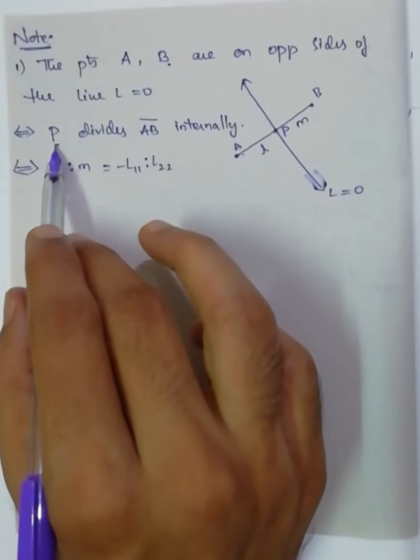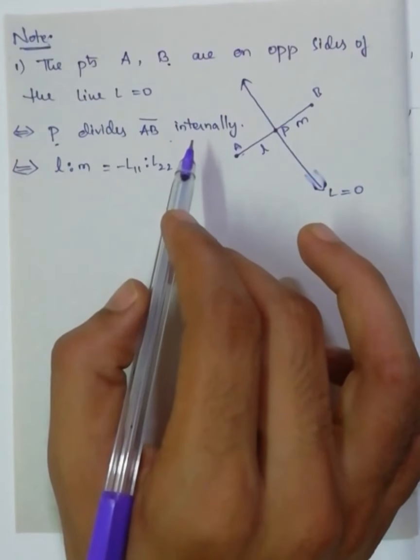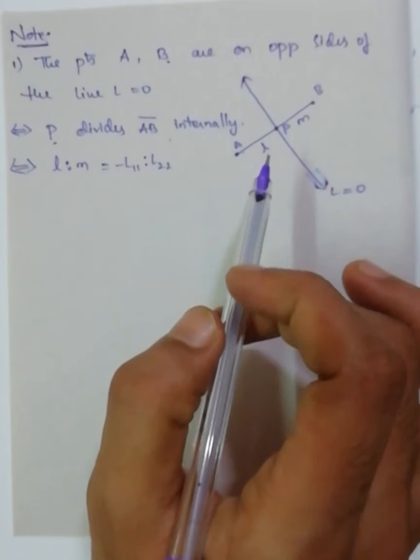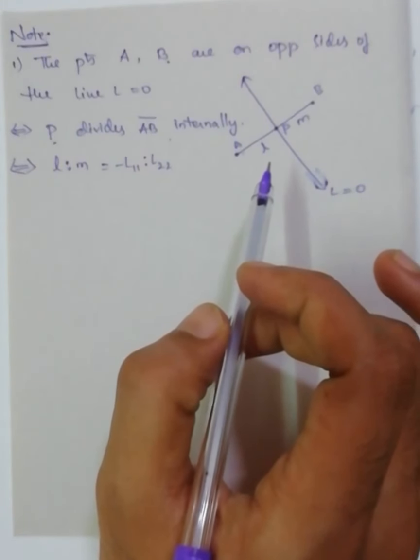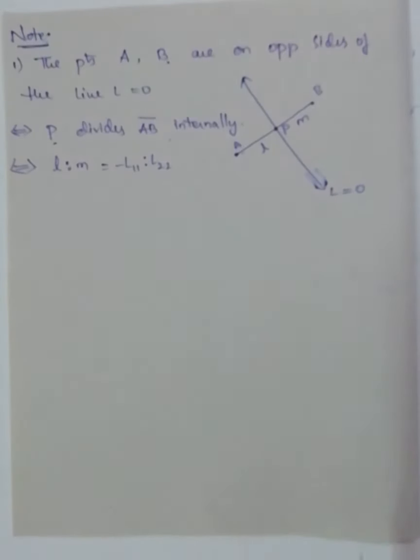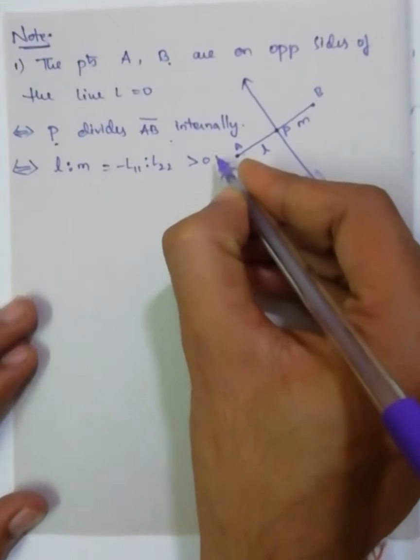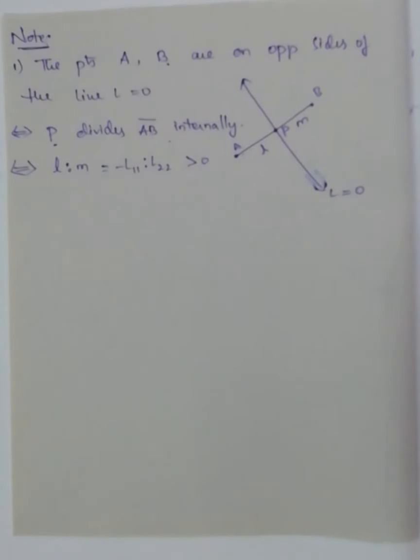When can we say that the point P divides AB internally? Before the starting of the first unit I have given a note. A point P divides a line segment AB internally in the ratio L is to M if and only if L into M is greater than 0. Means L is to M should be greater than 0.